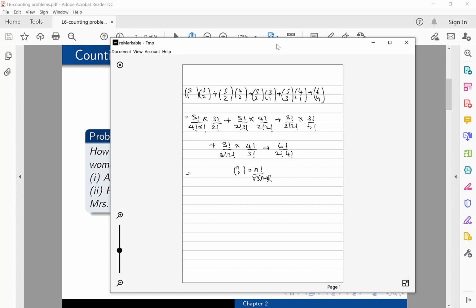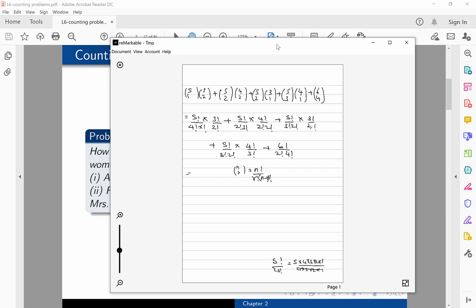I can see that this eraser is not updating. Anyway, so 5 factorial divided by 4 factorial is going to be 5 times 4 times 3 times 2 times 1, and 4 factorial is 4 times 3 times 2 times 1.